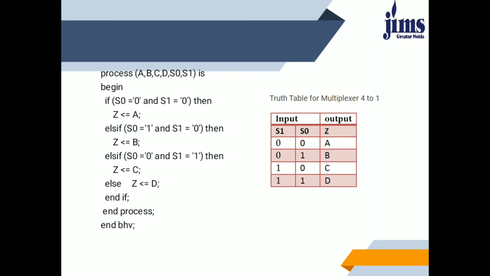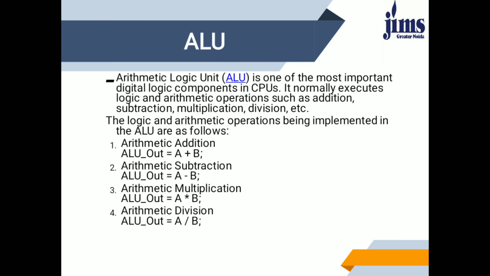If the selection line equals 00, then the output will be A, 01 output will be B, 10 output will be C, 11 output will be D. So in this way we can define it: if this condition, then Z will be assigned a value of A, B, C or D. This is similar to the pattern of the encoder.